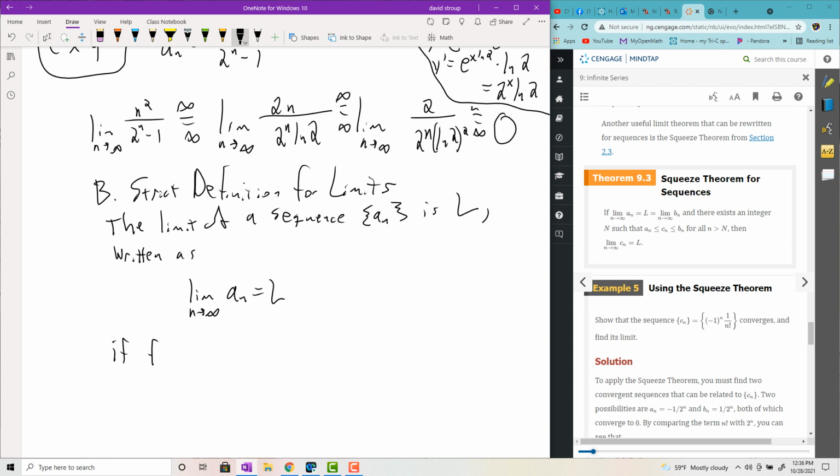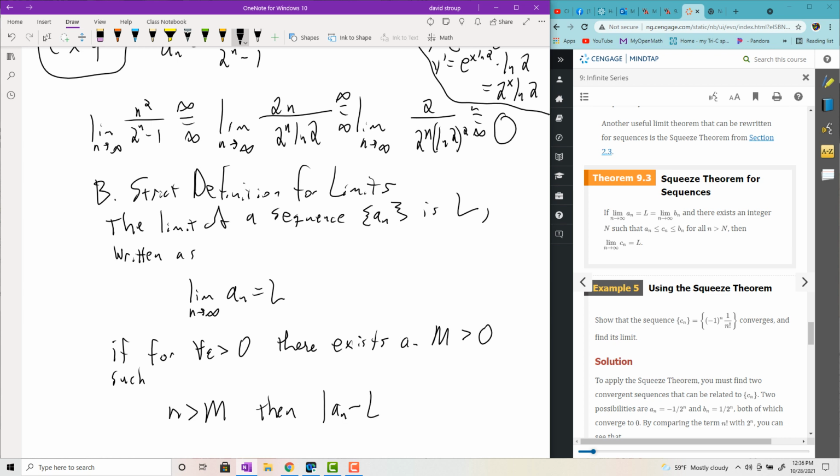If for any epsilon somebody comes up with that's greater than 0, there exists some big number M, or maybe even sometimes a smaller number M, greater than 0, such that when you go out far enough in the sequence, so when the index on a sub n is bigger than big M, then the sequence gets really, really super duper close to that number L. So the distance between a sub n, when n is bigger than M, and L is less than whatever epsilon some person can produce.